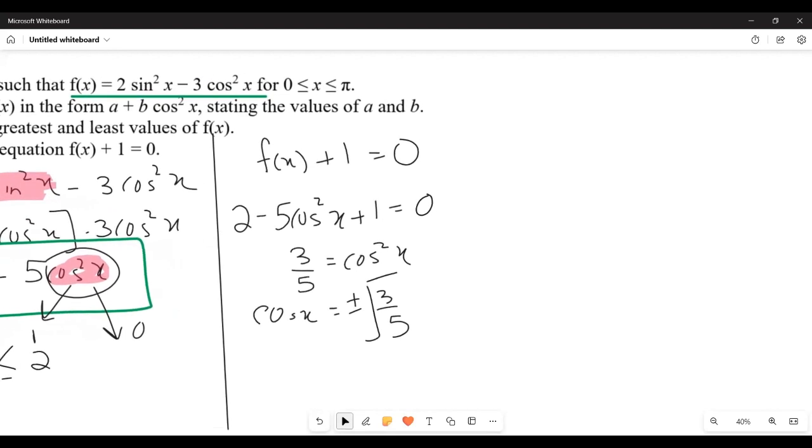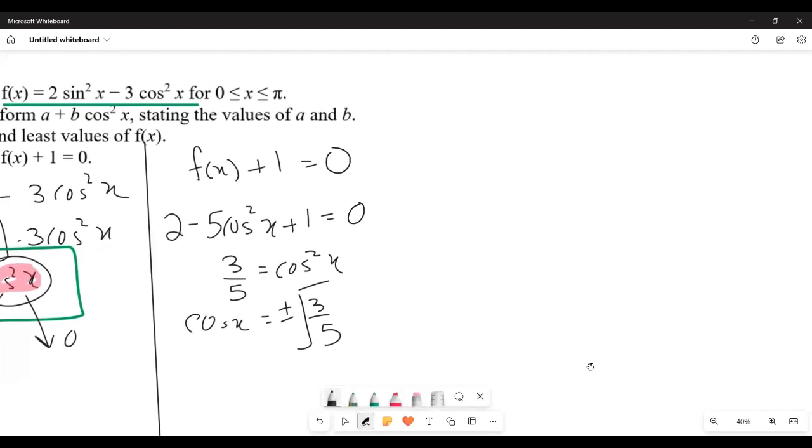Now, let's find the alphas for both the cases. Just give me a second. Okay, so it's going to be cos alpha equals root 3 upon 5. For alpha, we only consider the positive ratio. Cos inverse, are we in degrees?